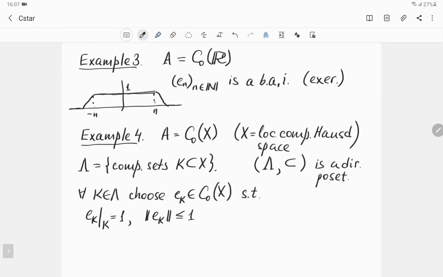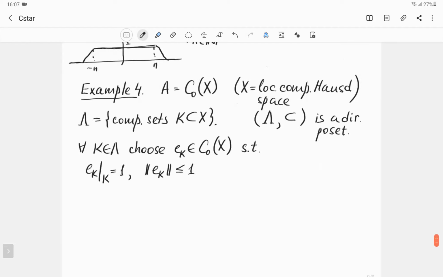Such a function always exists by Urysohn's lemma. I claim, and this is an exercise, that the respective net ek, where K runs over lambda, is a bounded approximate identity.